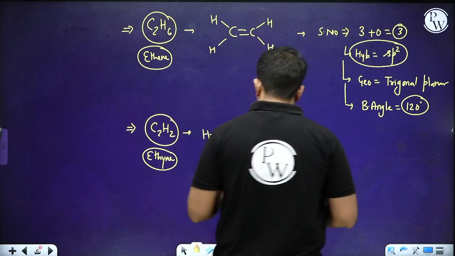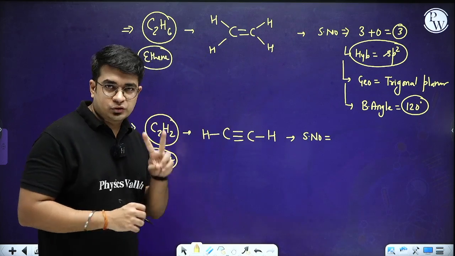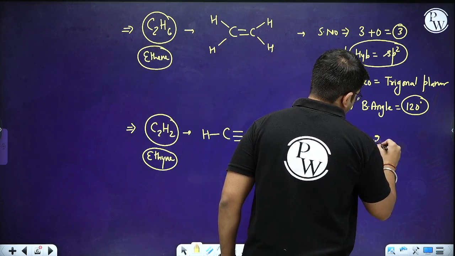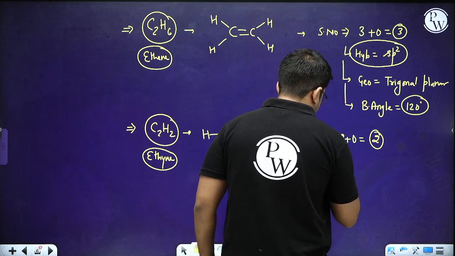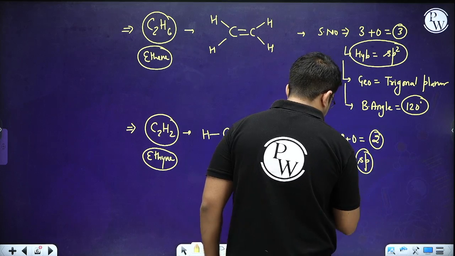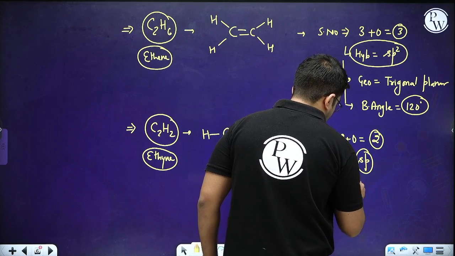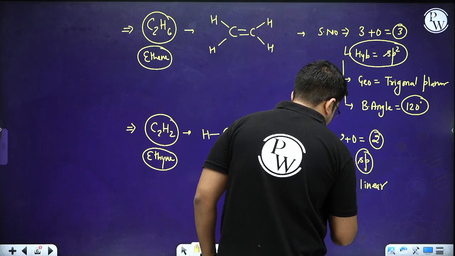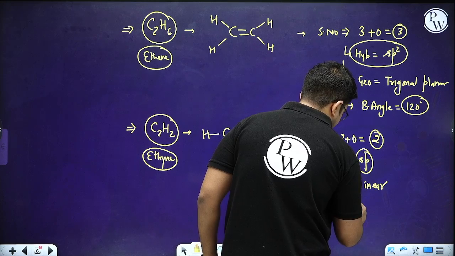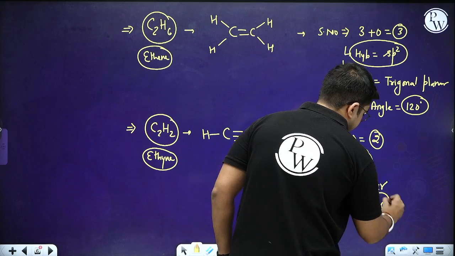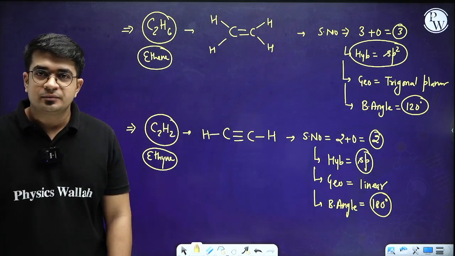You can say total we have 1 and 2, 2 sigma bonds are there, 0 lone pair. It means steric number is 2. So hybridization will be sp in this particular case. If that is the case, geometry will be linear and bond angle will be 180 degree. I hope this part is clear.